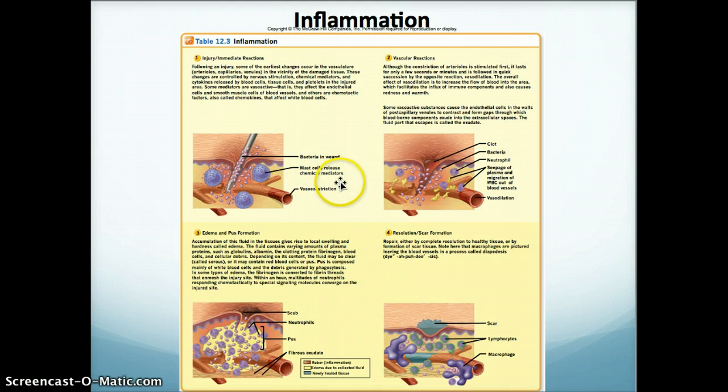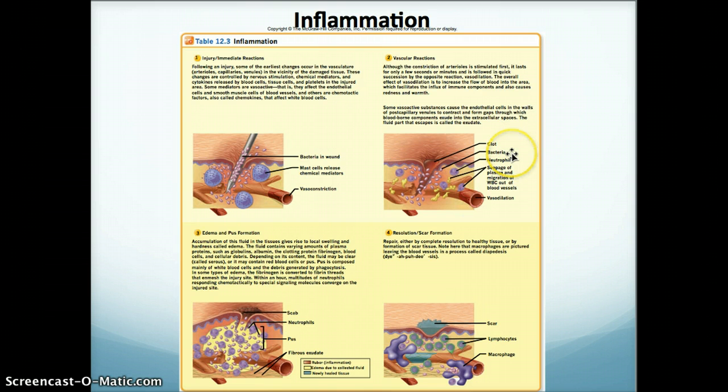We have mast cells that release chemical mediators, which are going to draw other immune cells to the area. We see that there's, at first, vasoconstriction. This is immediate, but it's followed very shortly in our vascular reactions with vasodilation. And what we'll see is there will be a clot that will form over the site of injury.